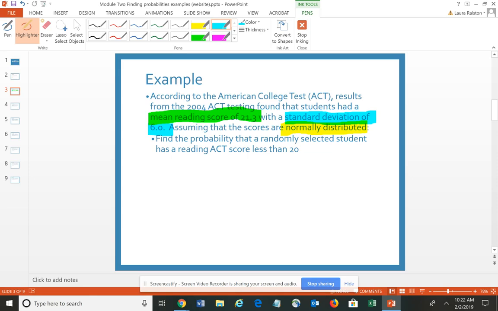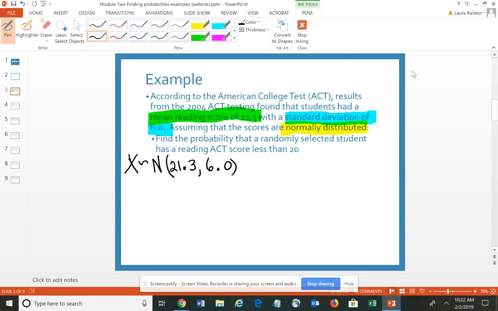Now, we can write this in a shorthand way so that we have the information as we go throughout the problem. We would say X is approximately normal, then in parentheses the mean, which is 21.3, and the standard deviation, which is 6.0. And then they ask us a question.